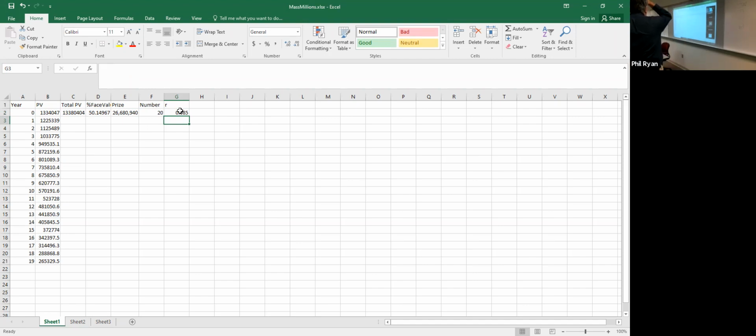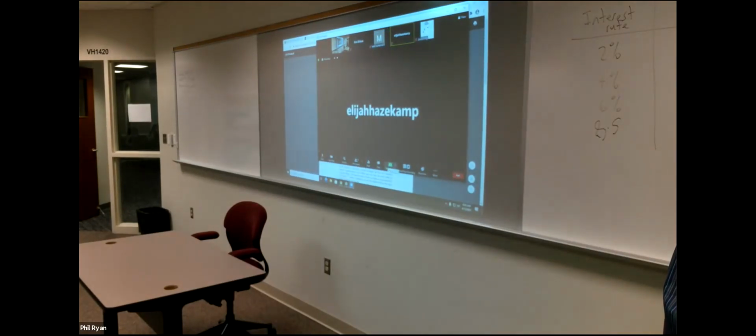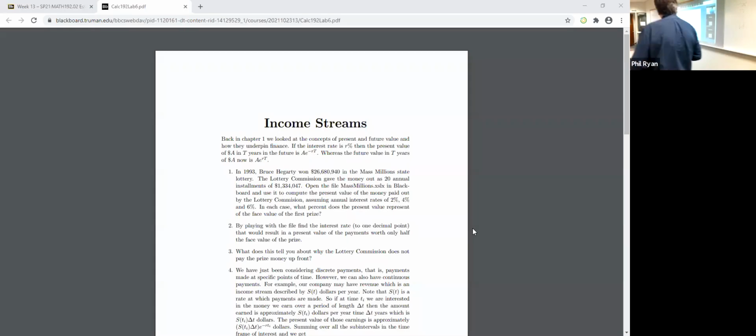And so you see how, with high interest rates, it is easy to make up money. Okay, so that obviously tells us why the lottery commission does not pay the money up front, right?